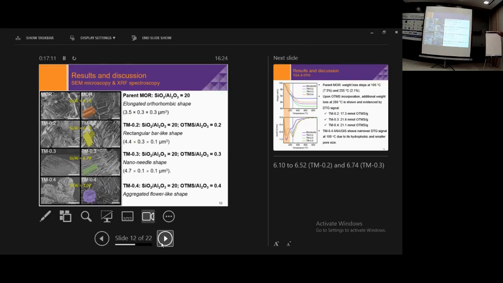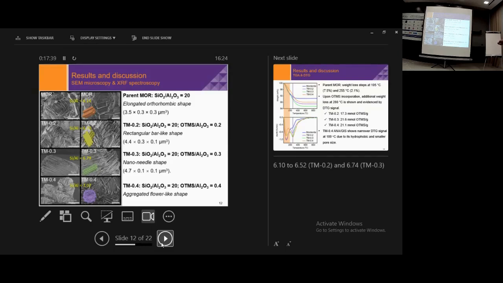For the scanning electron microscopy, we can see from these four samples that the parent mordenite zeolite exhibits an elongated orthorhombic shape, whereas the TM0.2 shows a rectangular bar-like shape. If we further increase the OTMS to 0.3, it gives a nano needle shape.